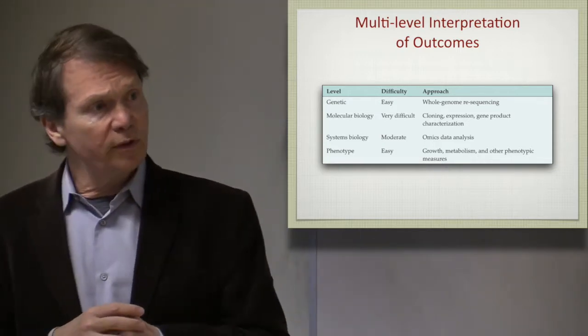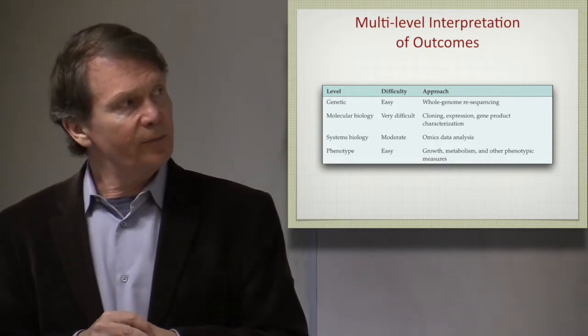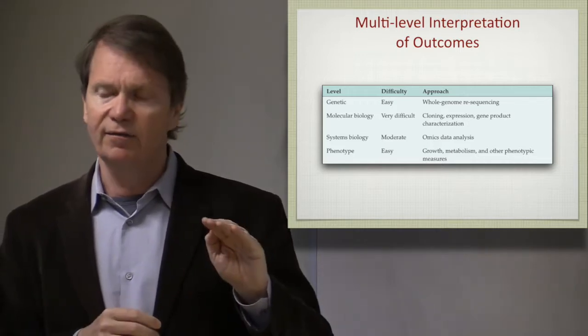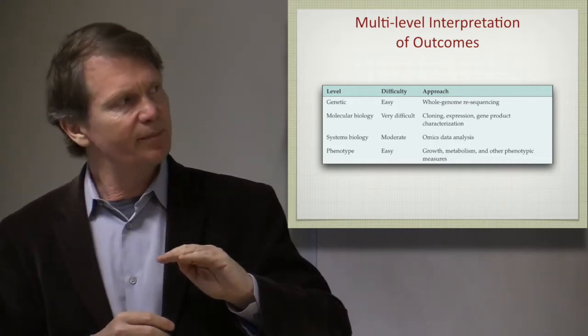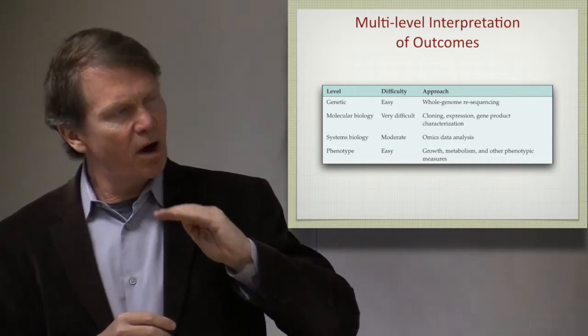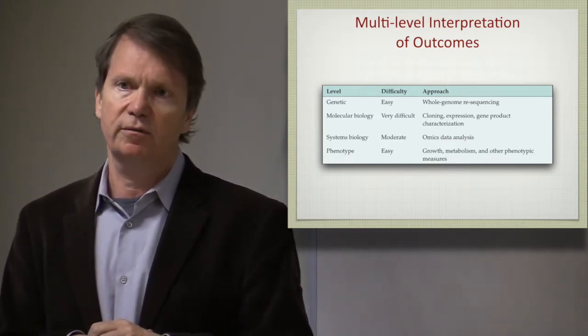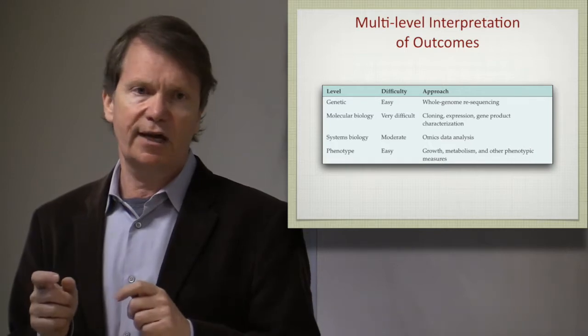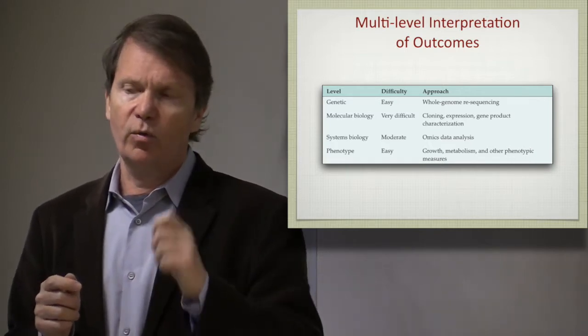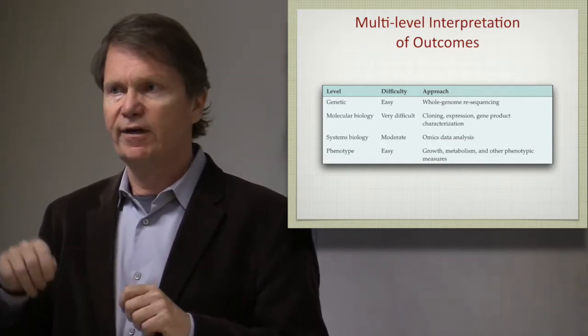Now, what I showed you with that one mutation in the RNA polymerase, it is relatively easy, or maybe not easy, but it's kind of moderately difficult to assess the systems level changes, because you can do the omics data generation on the wild type strain and the endpoint strain and even in between.